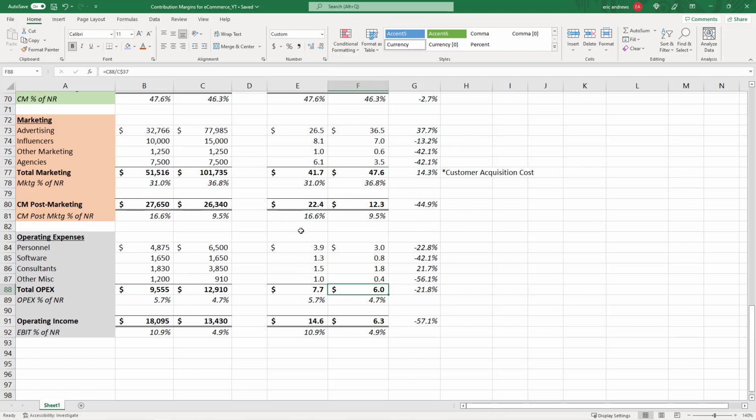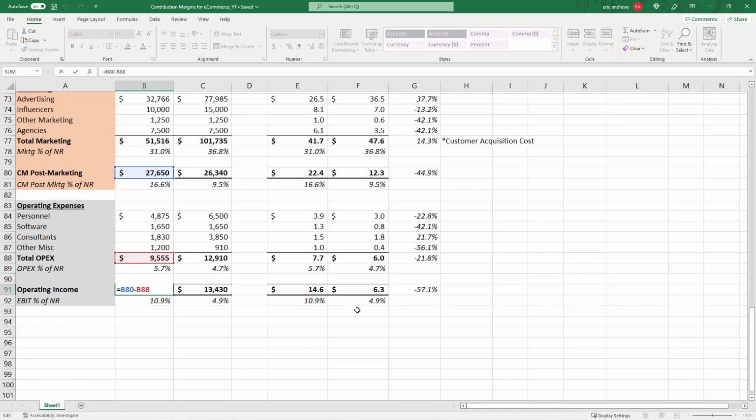The idea is that you're able to keep your OpEx relatively stable as you grow your revenue and your OpEx becomes a smaller percentage of your revenue. And so our operating income, which is basically your revenue minus all your expenses, is about 11%, and here it's about 5%. And that means that we make about $15 per unit of profit and $6 per unit of profit.